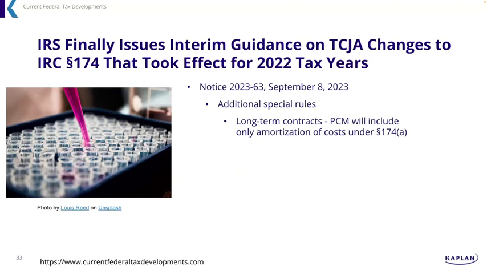Additional special rules. It turns out for long-term construction contracts under the percentage completion method, generally the 174 items were considered part of the cost of the contract. Well, that was great back in the days when we generally could just write those costs off, basically as they were incurred. And generally that's what we did.